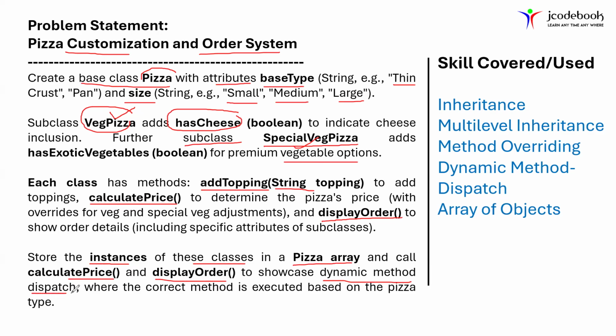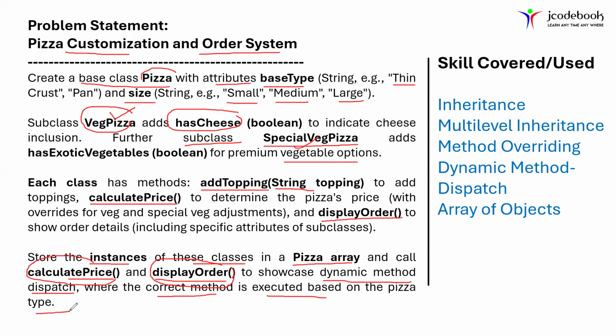So the important concept you will learn is how to apply dynamic method dispatch and how to override these methods, calculatePrice and displayOrder. These methods will be defined inside the Pizza class, and both subclasses will override these two methods in order to display their order details and calculate price accordingly, meaning according to which type of pizza has been ordered by a customer.